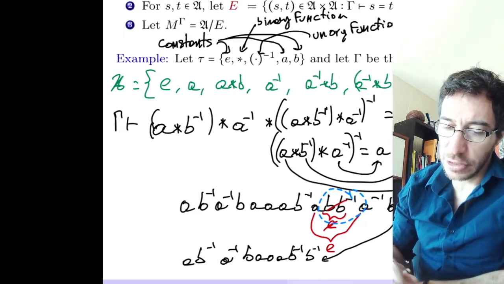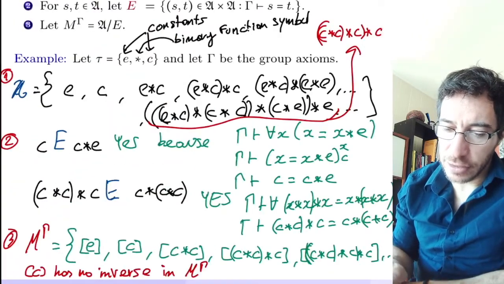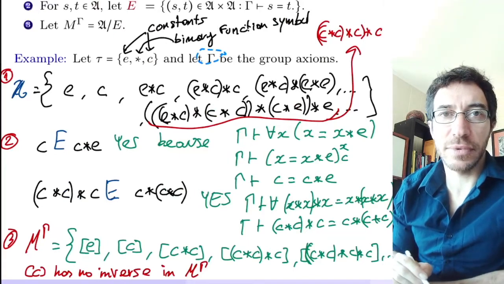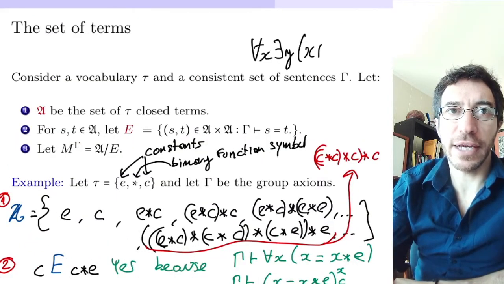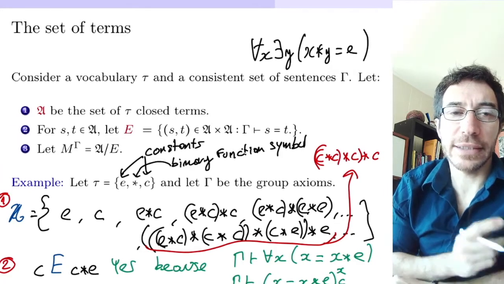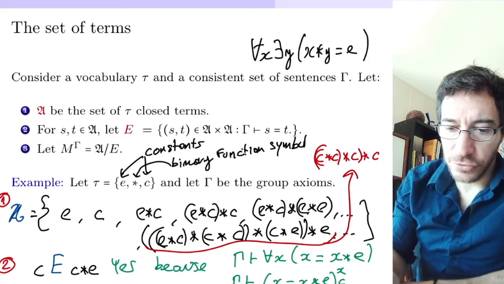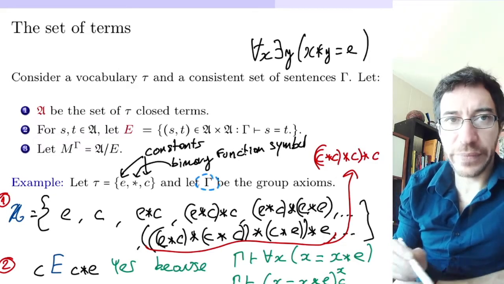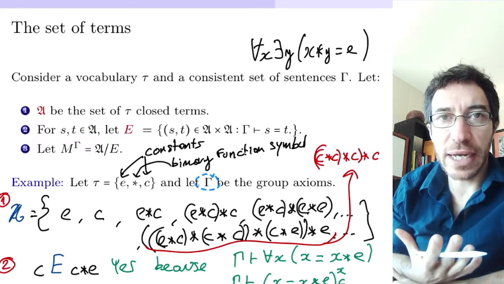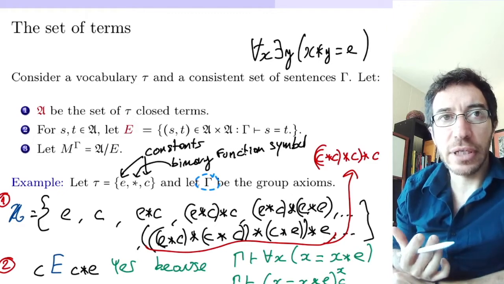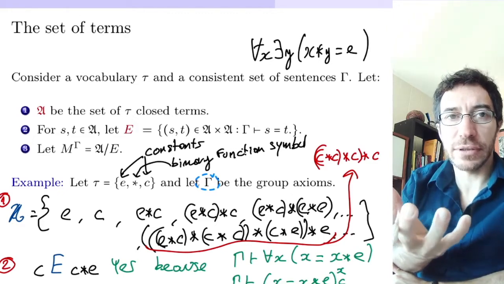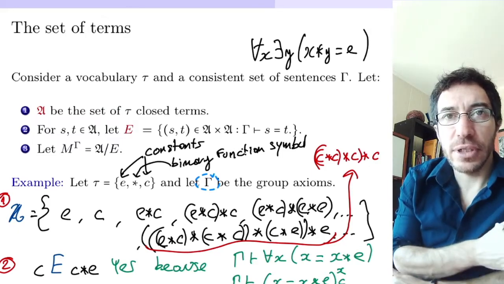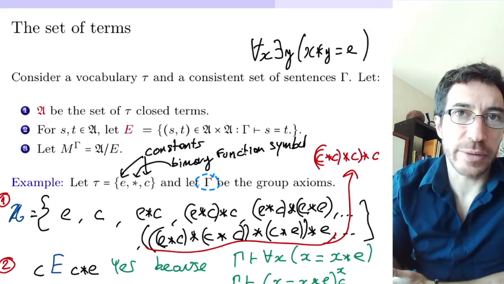So one thing to notice: in the previous case, we also had the inverse axiom. The group axioms contain a sentence that says that for every x there exists a y such that x star y equals the identity. So that's part of the group axioms here. Except the reason we didn't get an inverse in our model is that we don't have a term that builds the inverse, right? We are building this term model, so all that we have here are closed terms.